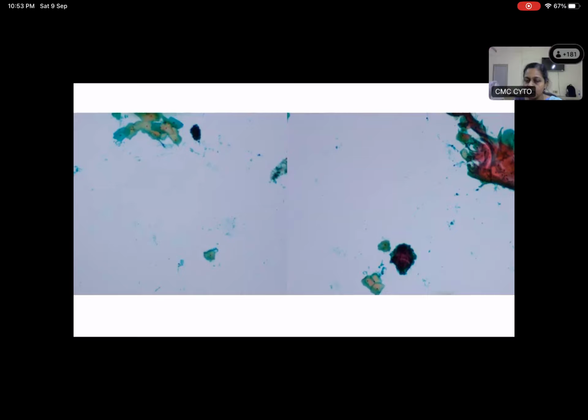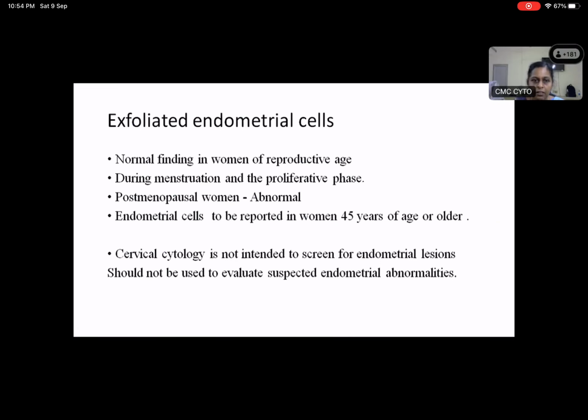Yes, so you need to report it when you're seeing it in anybody who's more than 45 years, because up to that, it's reproductive age group, and this is considered to be a normal finding. So in postmenopausal women, it is abnormal. So you need to report it in more than 45 years or older.